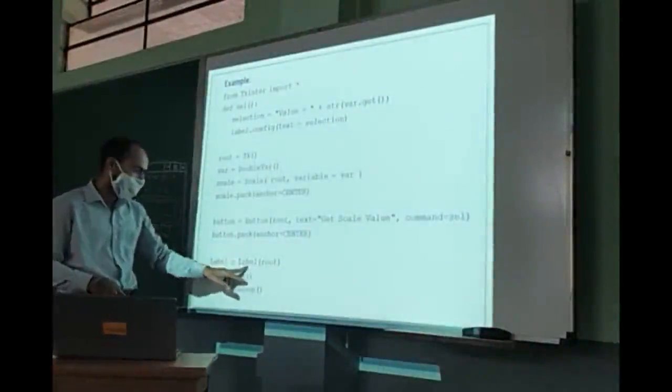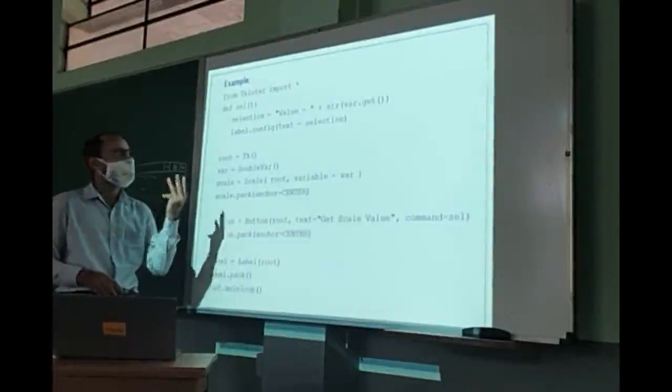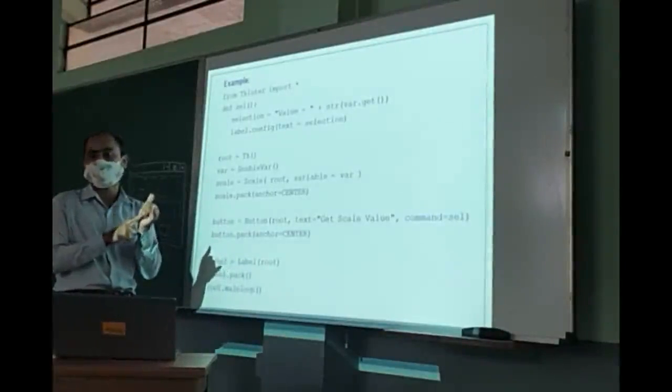Lastly, we have even added a label. So 3 widgets we have added: one is scale, another is button, and the third is label.